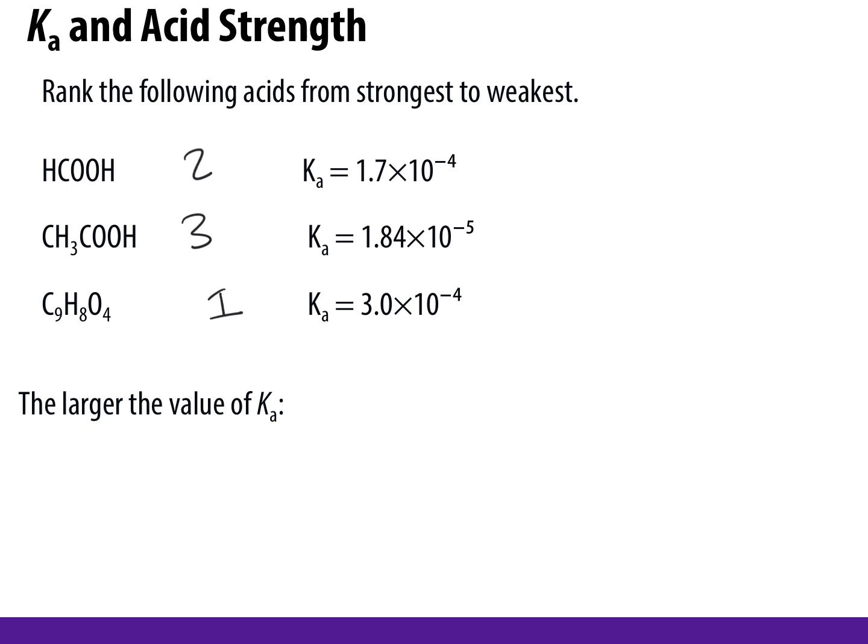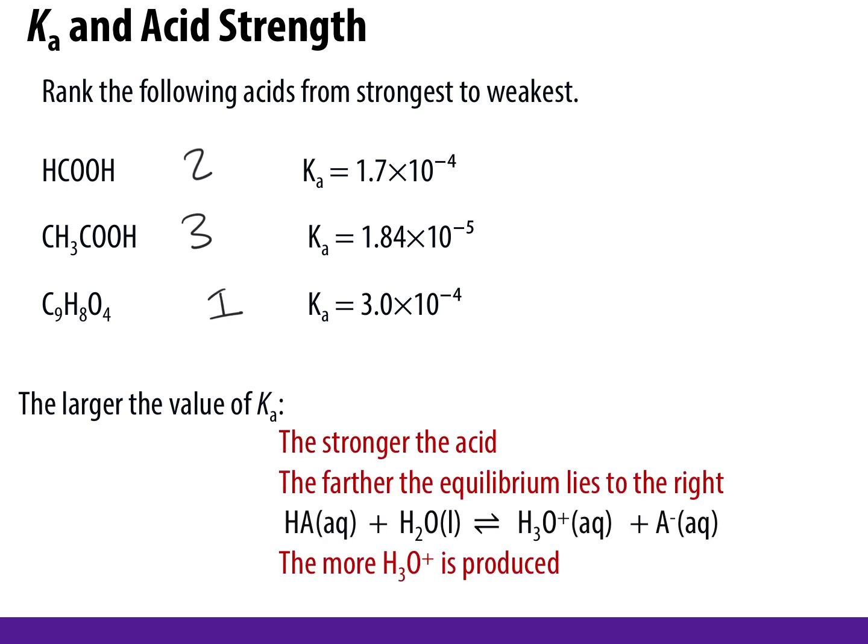The larger the value of Ka, the stronger the acid, the farther the equilibrium lies to the right, and therefore the more H3O plus is produced for a given concentration. So if I had 1 molar solutions of each of these three, this would have the most H3O plus, and CH3COOH would have the least H3O plus produced.